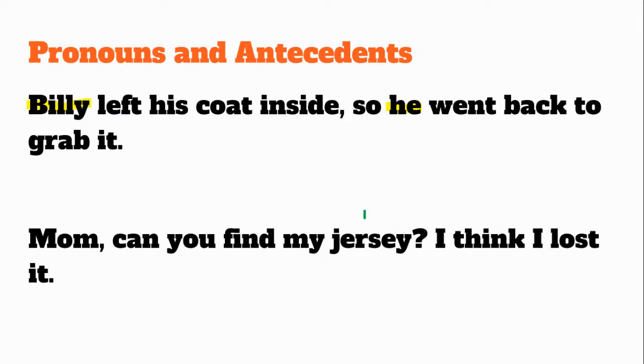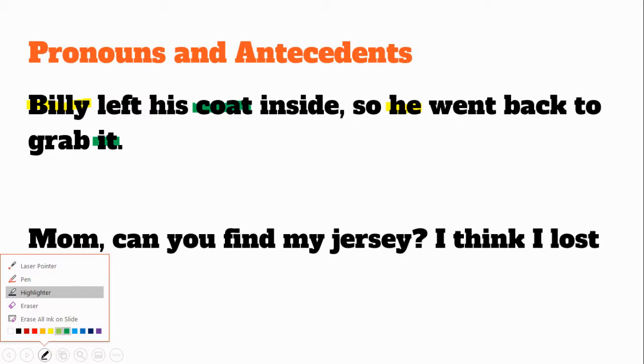Now we have his coat. Billy went inside to get his coat, so he went back to grab it. Coat is an antecedent being replaced by it later in the sentence.